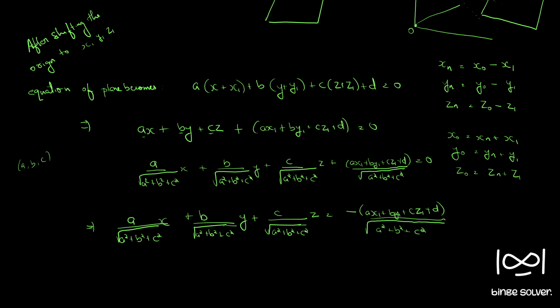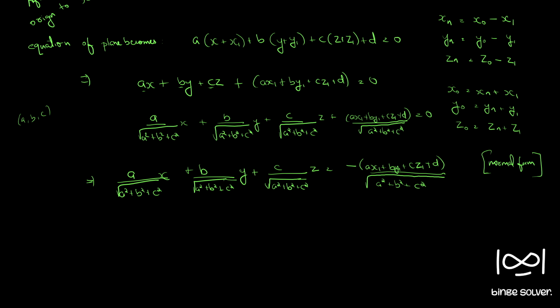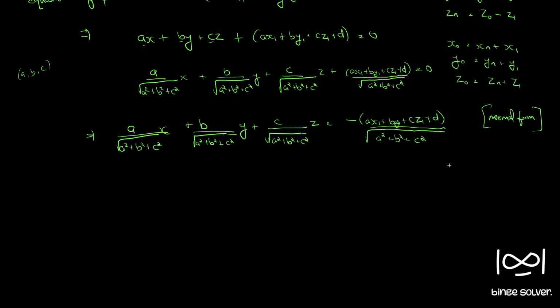So this now is in the normal form. If an equation is in the normal form, say ax plus by plus cz equal to p, where a, b, c are direction cosines of the normal to the plane, then p will be the distance of the plane from the origin.